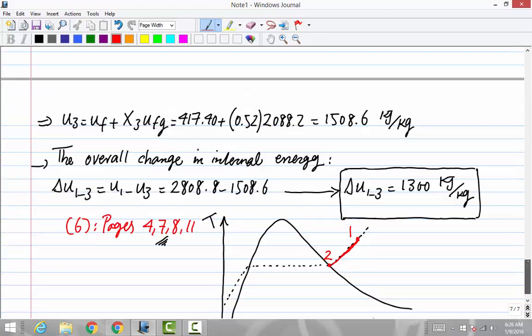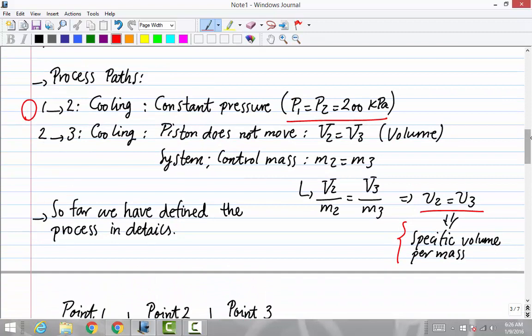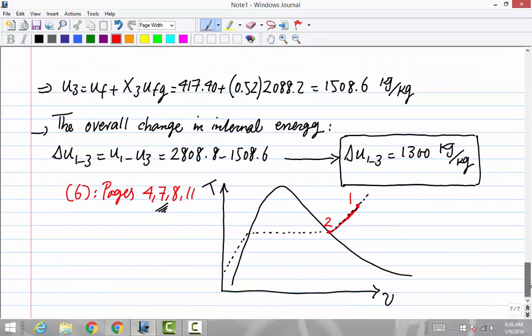And then from point 2 to point 3, as we summarized before, it's cooling and the piston does not move, right? So what is constant? Little v. Specific volume is constant. So it's just a straight line coming downward, just like this. And somewhere here is an arbitrary point, because this graph is arbitrary.